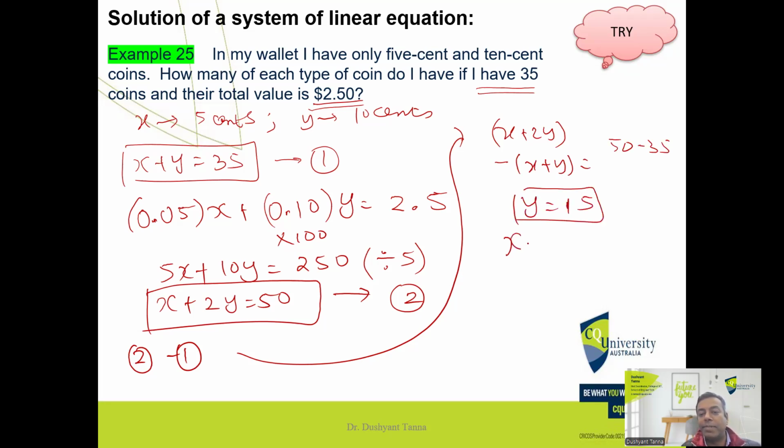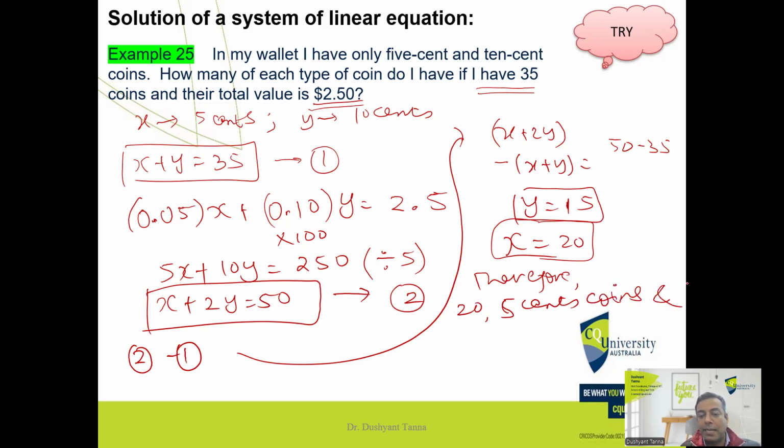If my Y is 15, my X is 20 from either of the equations. And therefore, 20 5 cents coins. Don't say 25, 20 5 cents coins. And 15 10 cents coins. That's a total of 35, and the value is 2.5.